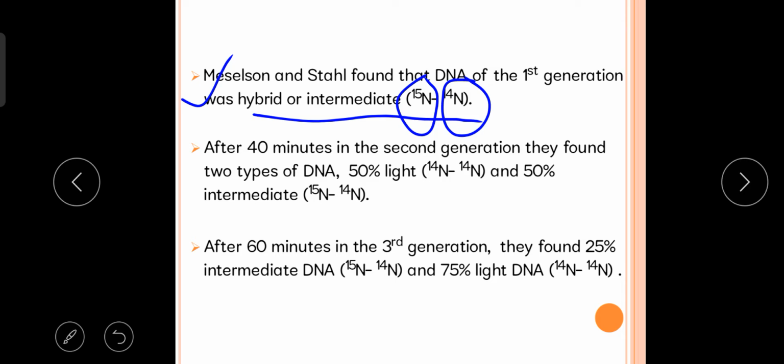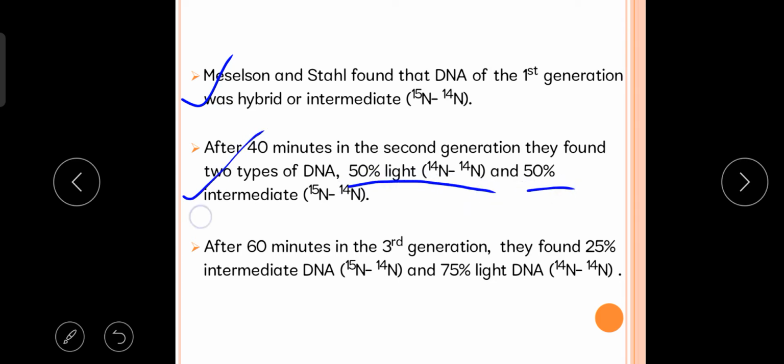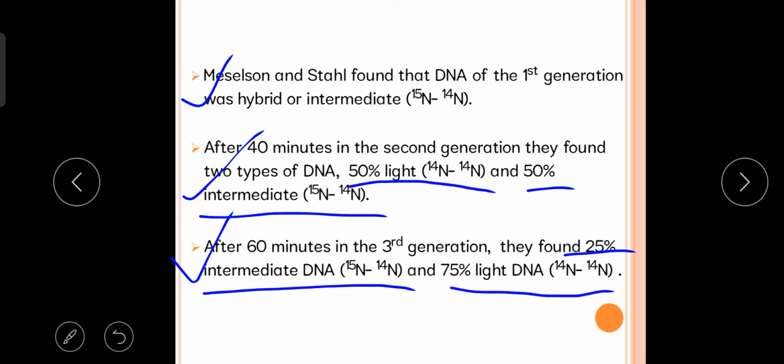Again after 40 minutes, when they observed, they got two types of DNA, 50% light and 50% hybrid or intermediate. And after 60 minutes, that means in the third generation, they found 25% intermediate and 75% light DNA.